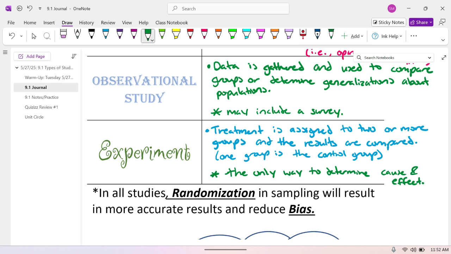The way they would do that is they would give the medicine in a blind test to part of the group, and they would not give the medicine to another group, although they would think that they're taking the medicine. It's called the placebo.